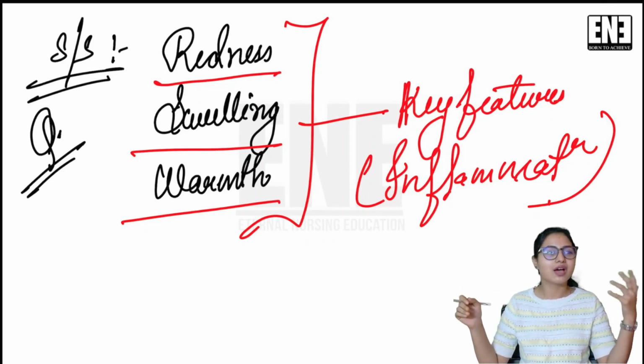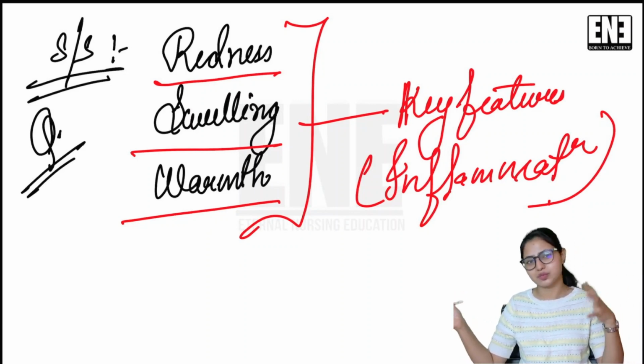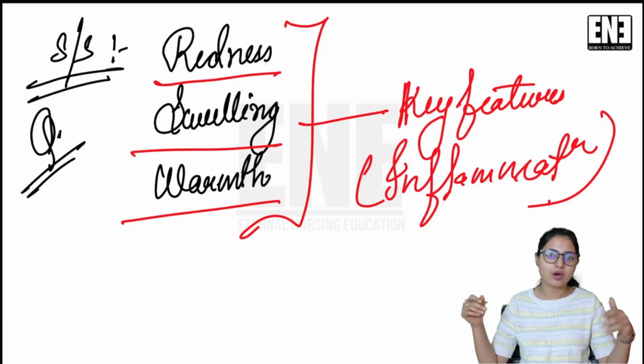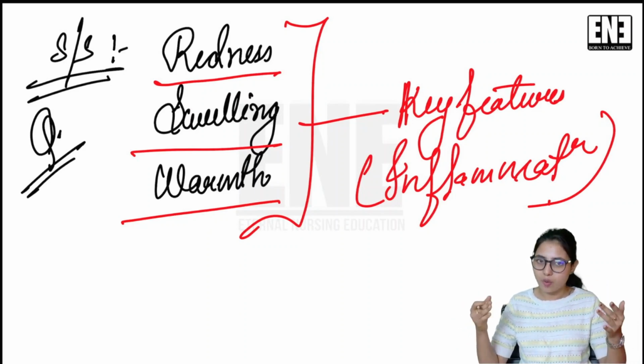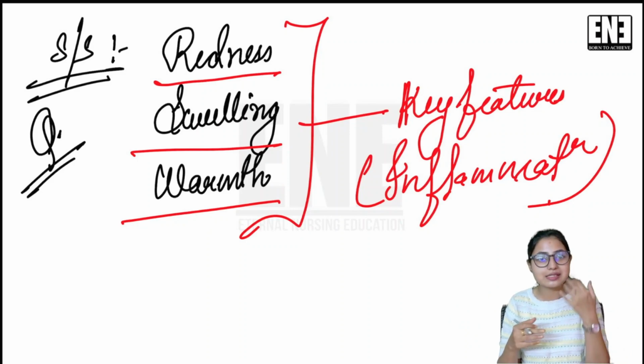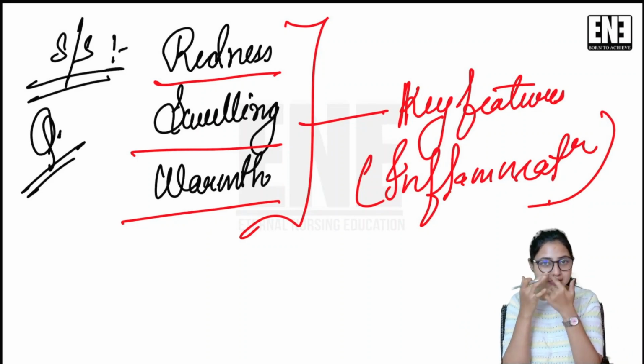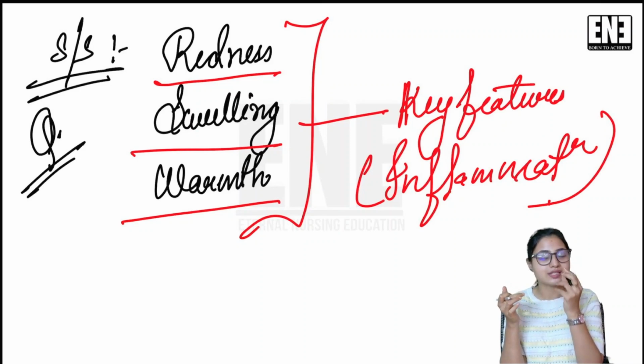Or you have taken some cold sips, cold coffee, smoothies, milkshake or cold water, and you are suffering from influenza or common cold. What happens? You are continuously sneezing, so you can see redness on this side of the nose. This side of the nose is getting reddened.